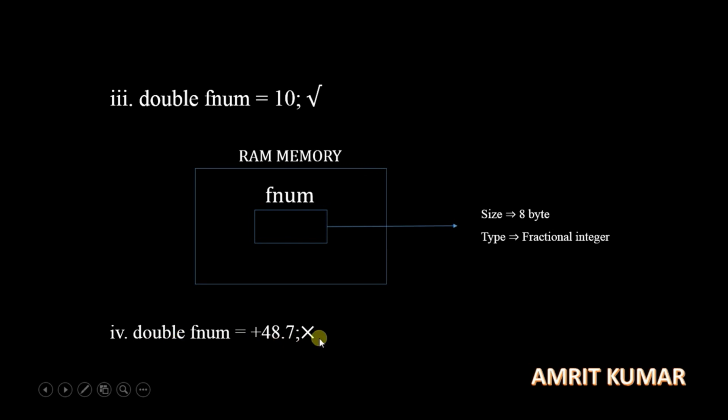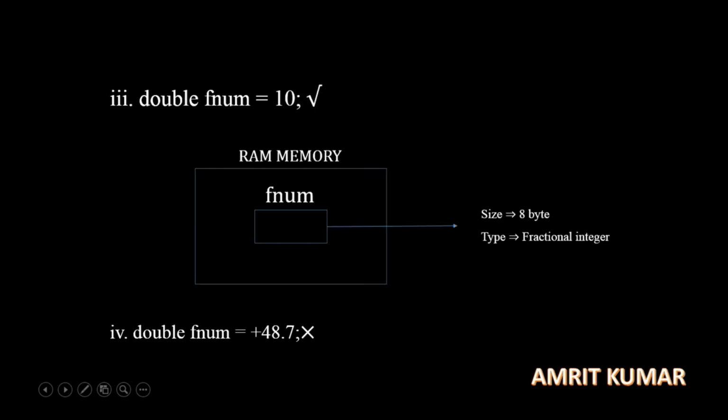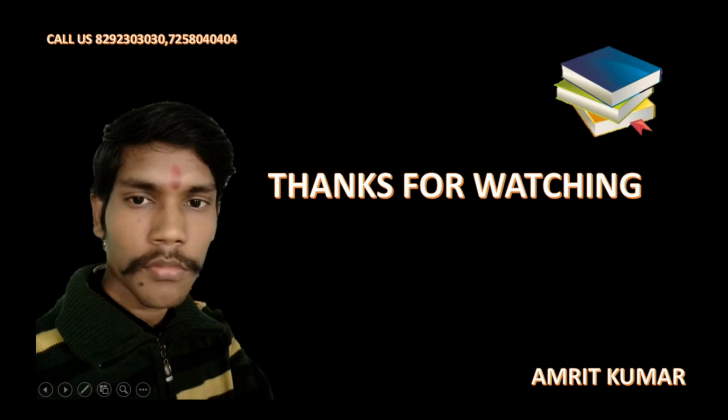Here a problem arises, because it does not follow the condition that its value is allowed from 0 to 9 digits, and hyphen and period and nothing else, like what we have seen here, that is plus. Because of this reason, this is not going to allocate memory in the RAM, and this is what double tells us.